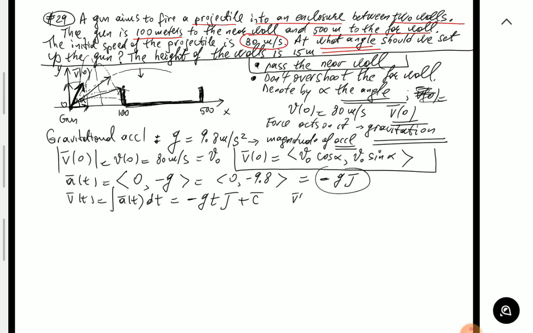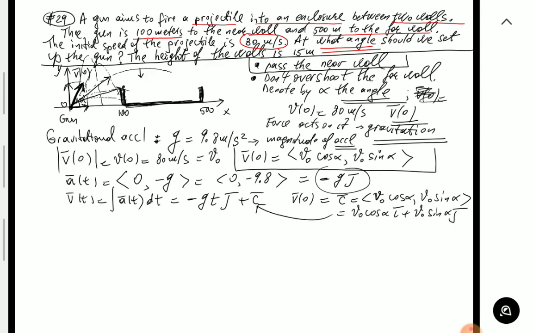All right, the initial velocity vector is going to be c bar in this case, which is going to be v naught cosine of alpha, v naught sine of alpha, which is the same as v naught cosine of alpha i plus v naught sine of alpha j.